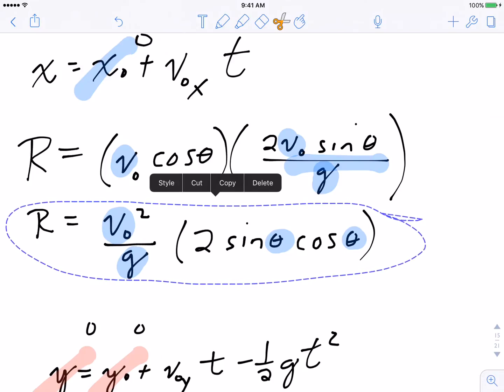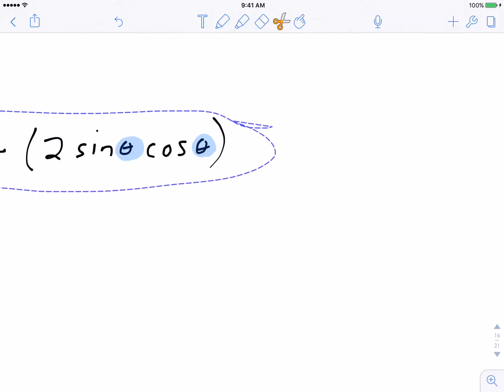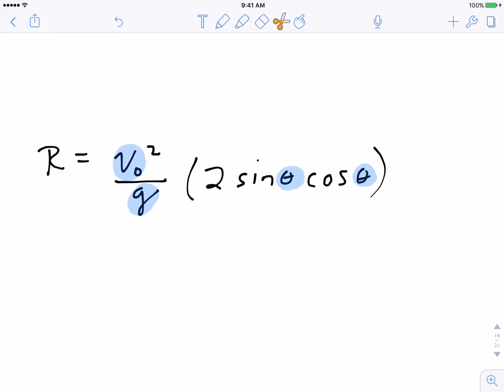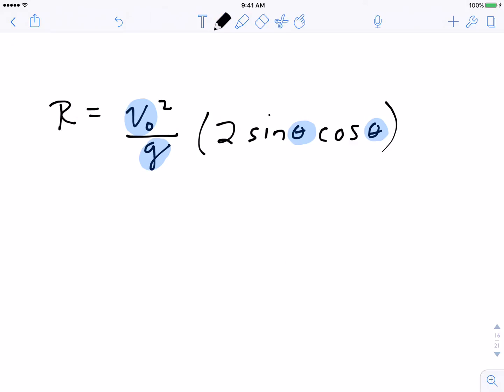I'm going to do something that you probably don't know. I'm going to take this and I'm going to apply what's called a trig identity. Some of you may have learned some of these already in math class, and many of you may not have. That's okay.